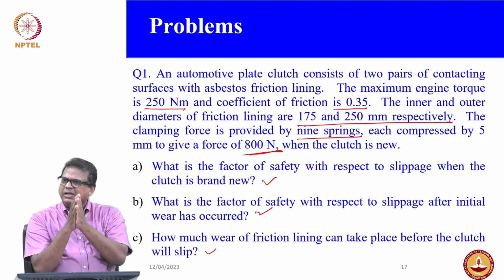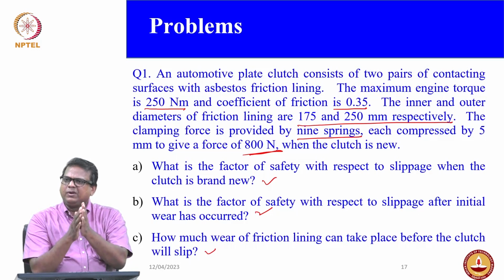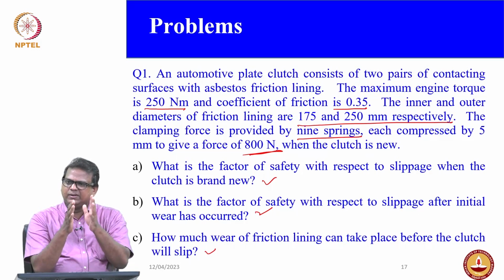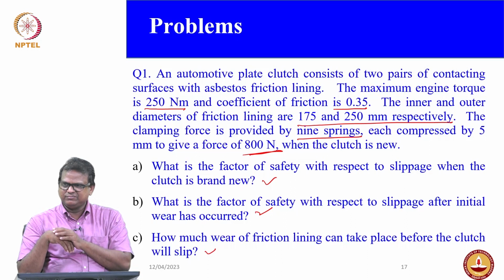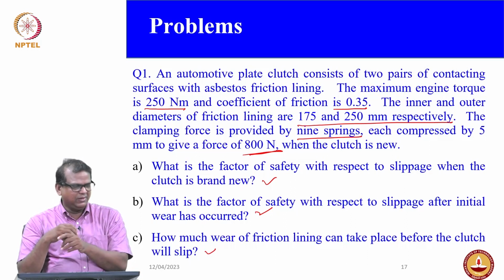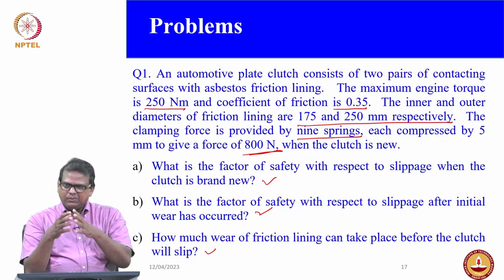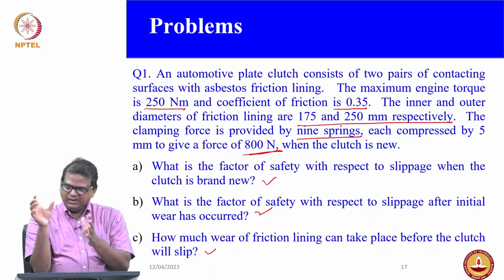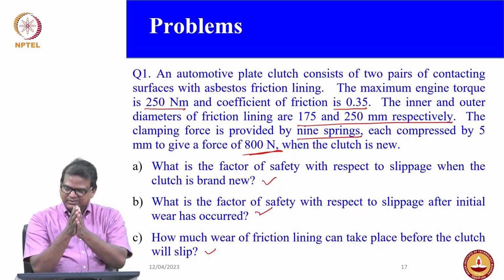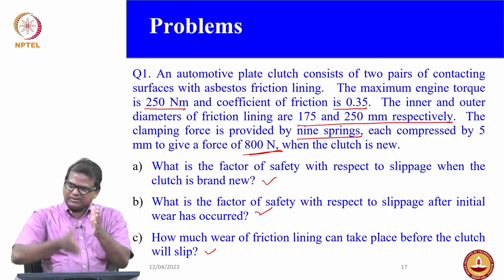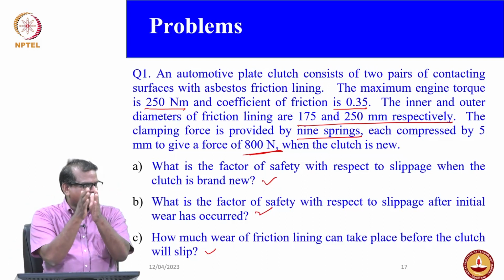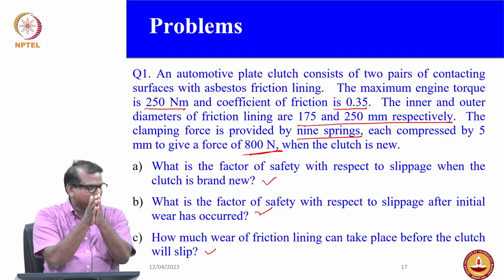If the friction lining is wearing out more, what happens to your clamping force? It will decrease. Though the stiffness is constant, because the force decreases, you cannot extend it; some portion is already worn out. So, would you expect it to make contact?